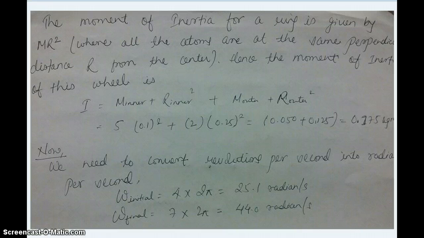Hence the moment of inertia of this wheel is I equals m inner times r inner squared, and since we have two rings we have to add both of them, so we also have m outer times r outer squared. Sorry for the mistake earlier, those are multiplication signs.